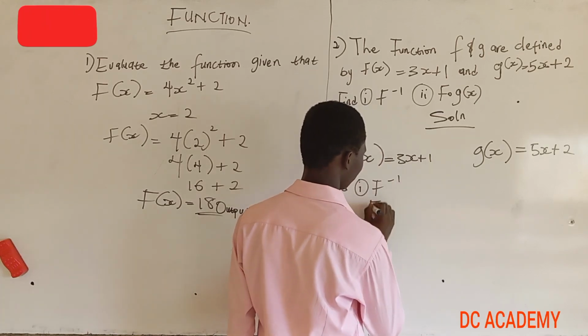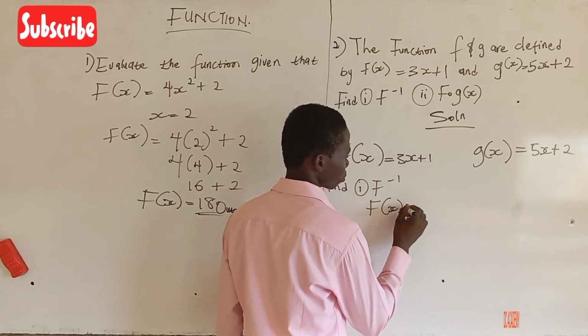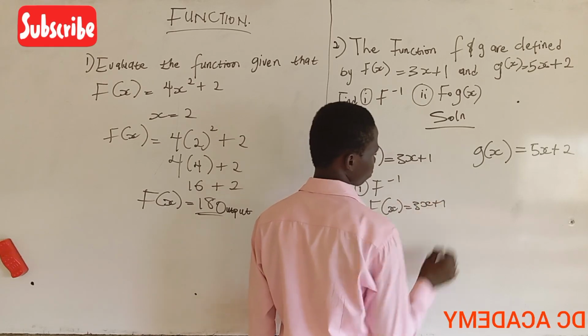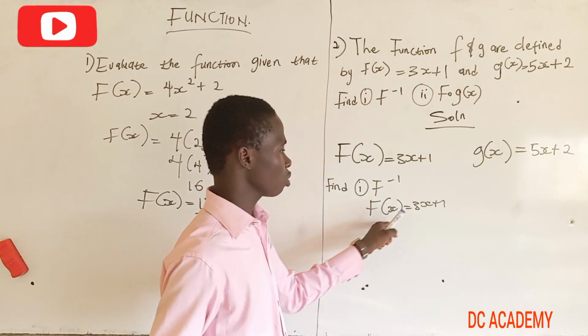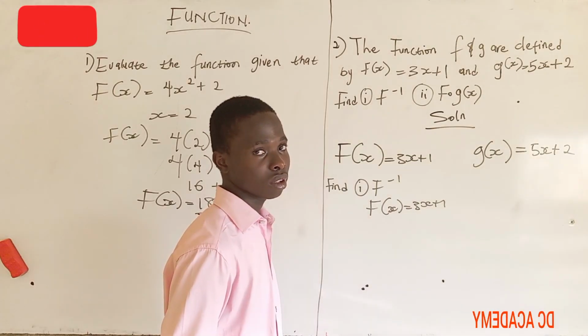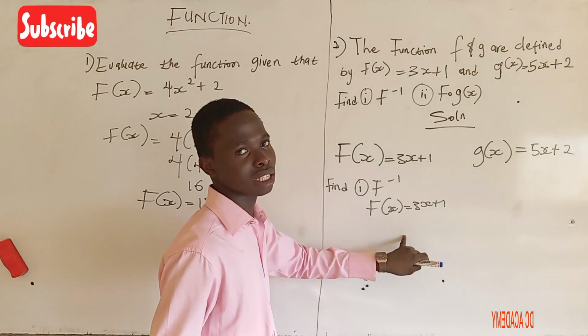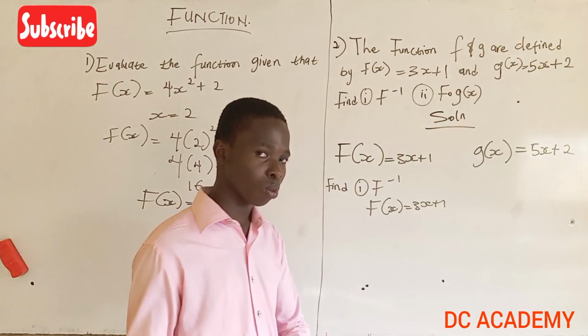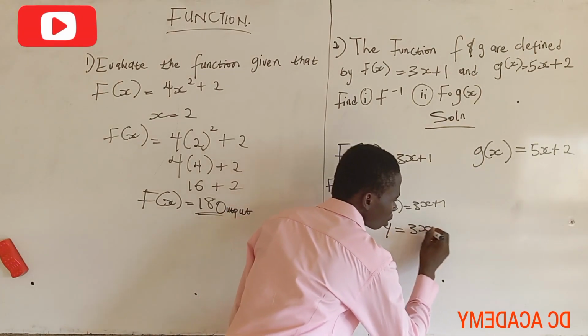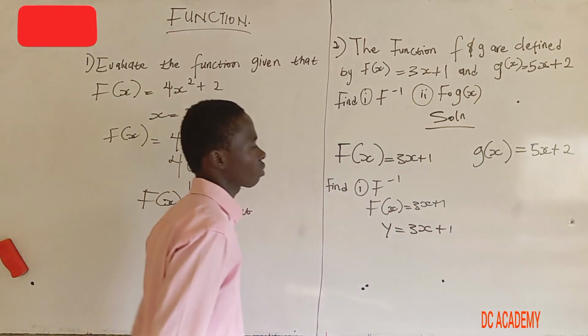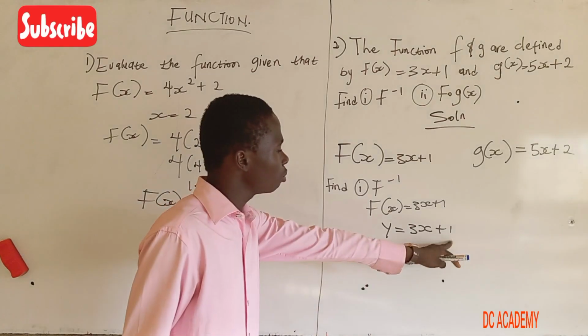Remember, f of x is equal to 3x plus 1, and you can also write it as y, since the output f of x is taken as y. So y is equal to 3x plus 1. You move the 1 over to this side.